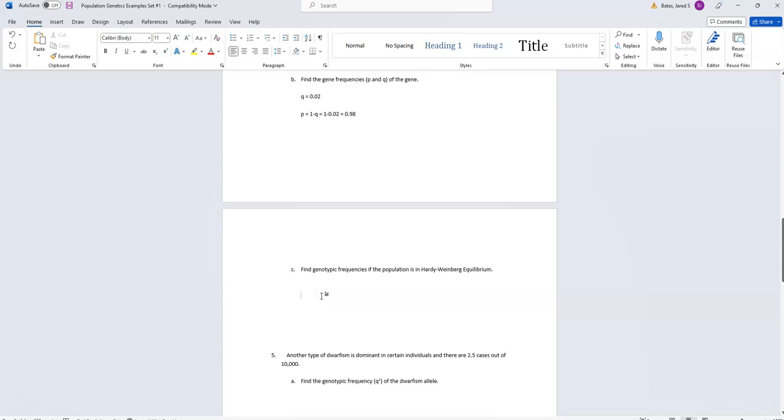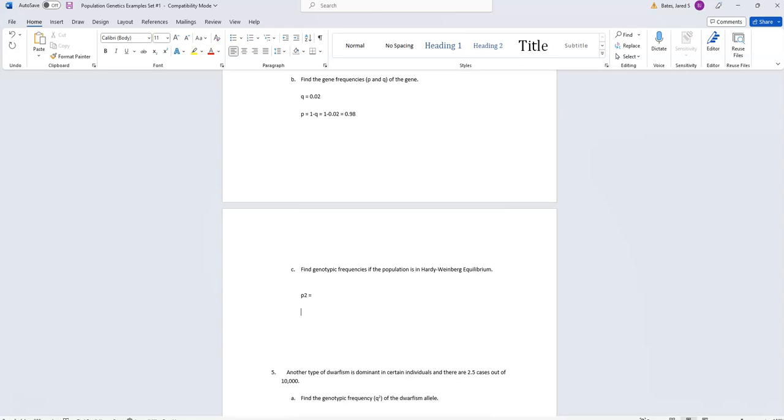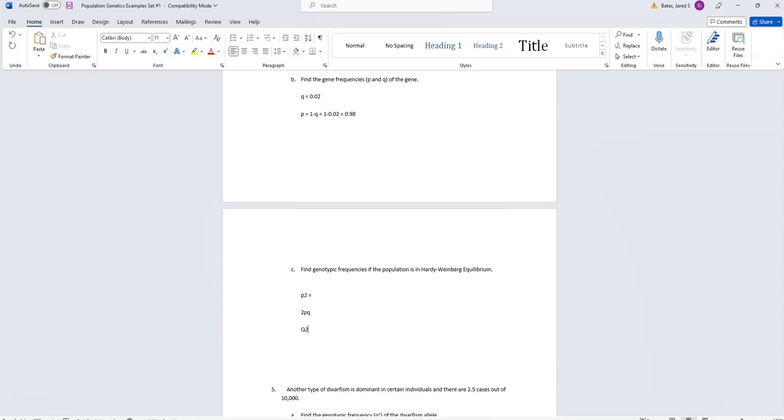Problem C. Find the genotypic frequencies if the population is in Hardy-Weinberg equilibrium. So then I'm just going to find p squared, 2pq, and q squared.